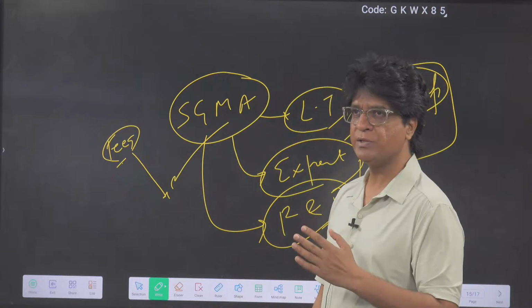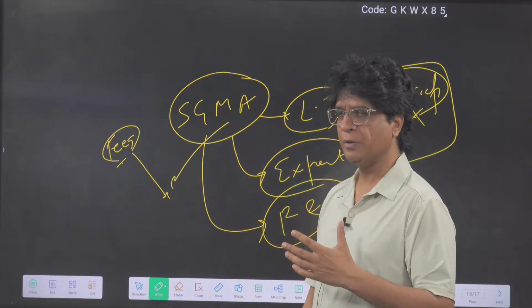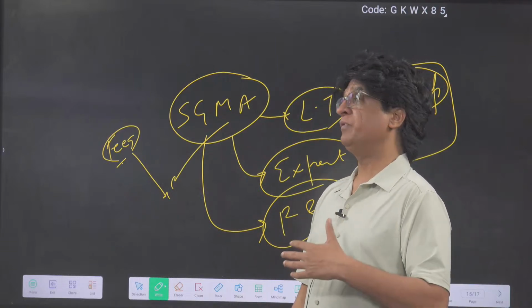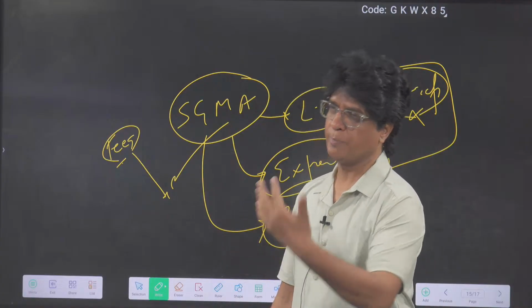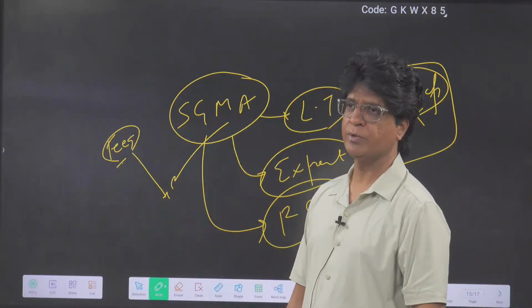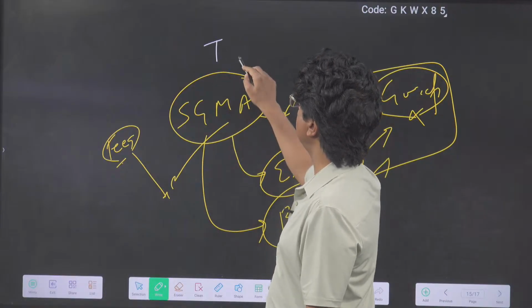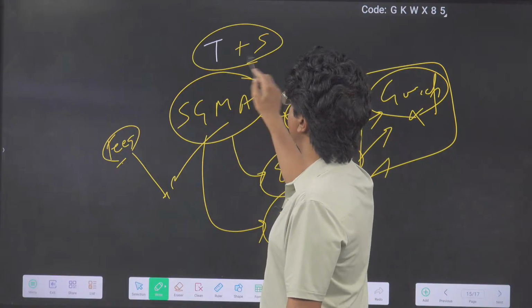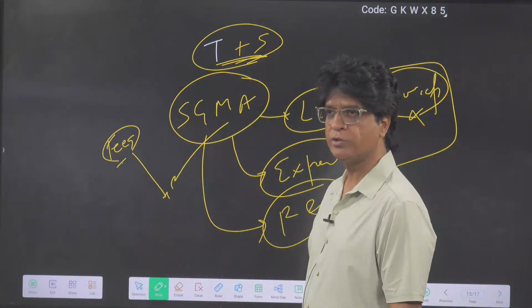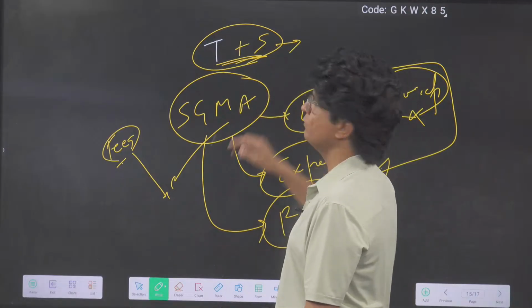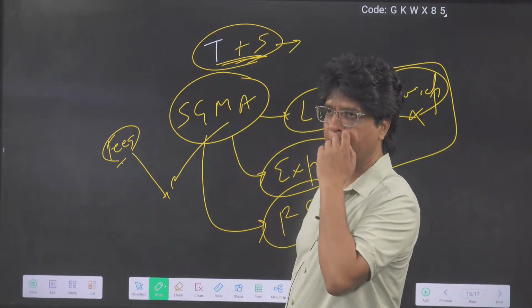We'll try our level best to give the best shot, and I'm sure we will be successful. But we will be successful only if you support us. Without your support, nothing is going to come. This is going to be a great team, teacher and student. If we both collaborate and support each other, the results will be astonishing, outstanding.